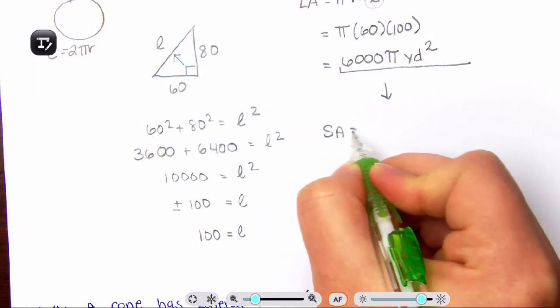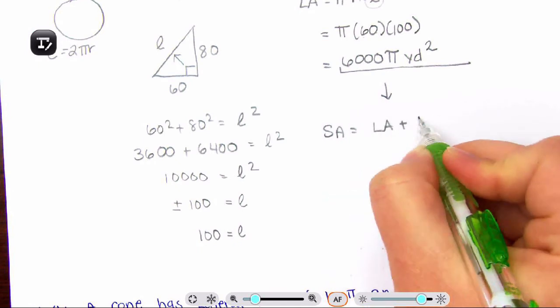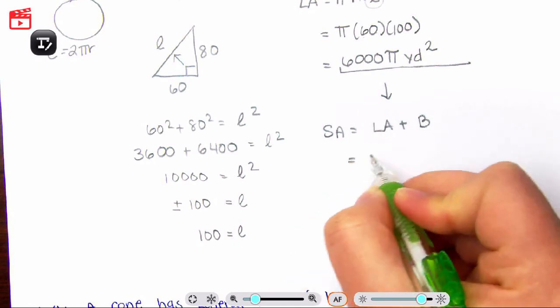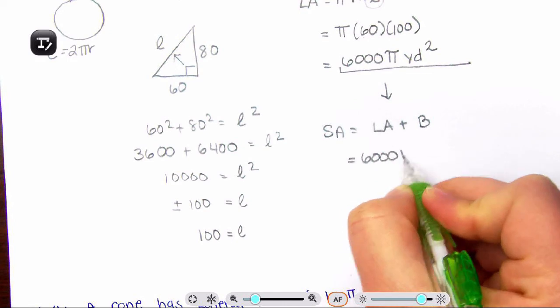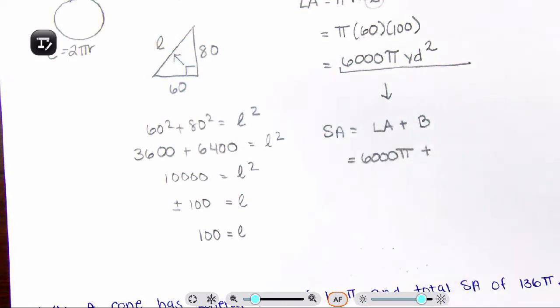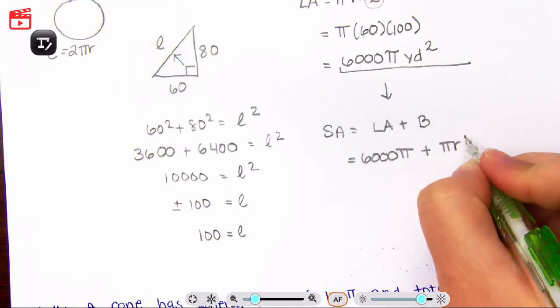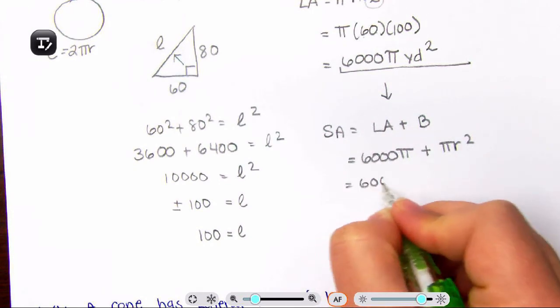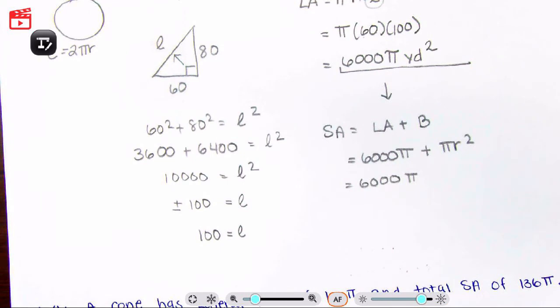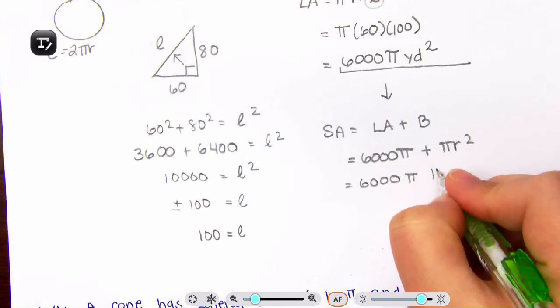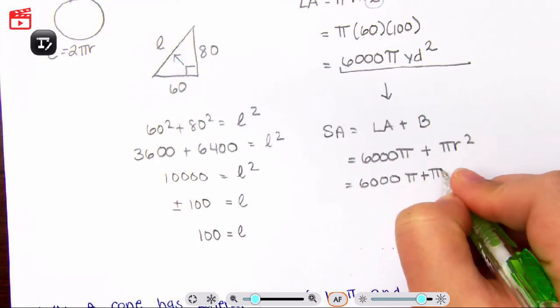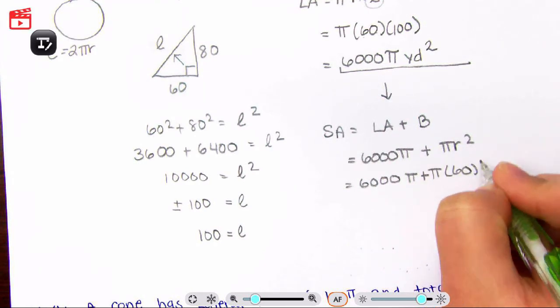Now from here, we're going to go to surface area. Surface area is your lateral area plus the area of your base. We already know what your lateral area is, and that's 6,000 pi, plus your base, and your base is the area of the base, so it's pi r squared. So we have 6,000 pi plus pi times 60 squared.